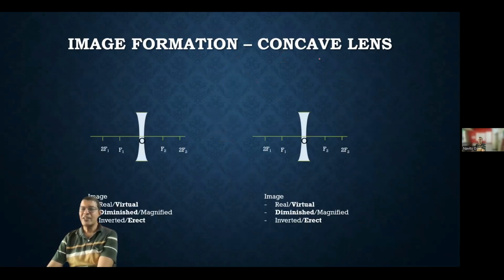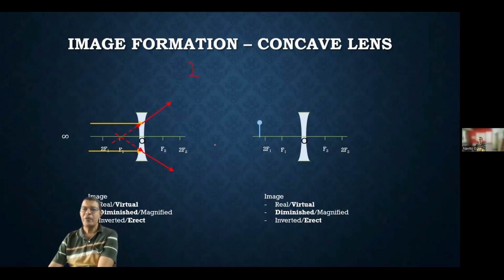Now for concave lens, very simple, just two cases. The first case is when the object is at infinity, and the rays will diverge. They will diverge away this way, and appear to meet on the same side of the object, at f1.